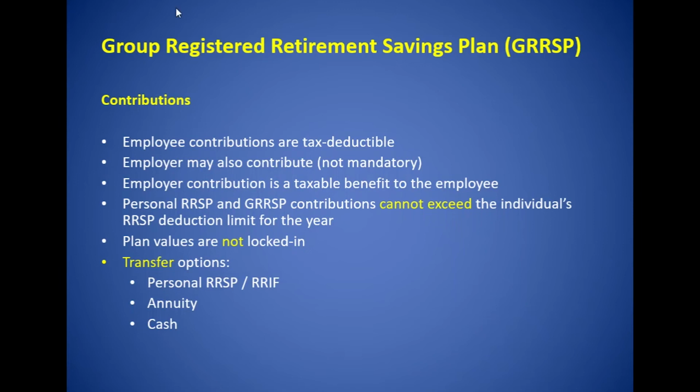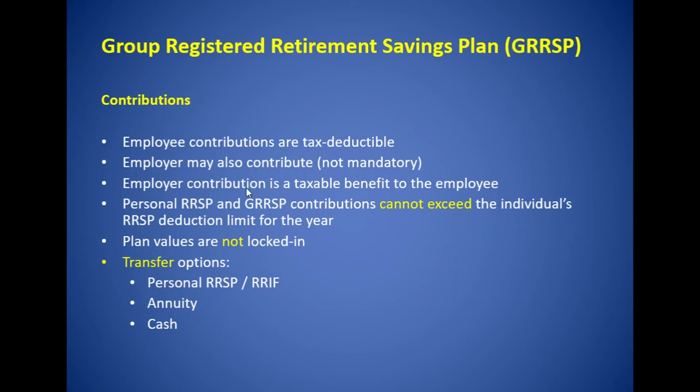And it's not mandatory for the employer to contribute like it might be mandatory if you had a registered pension plan, but in a group RRSP, the employer can actually contribute money on behalf of the employee if they wanted to.